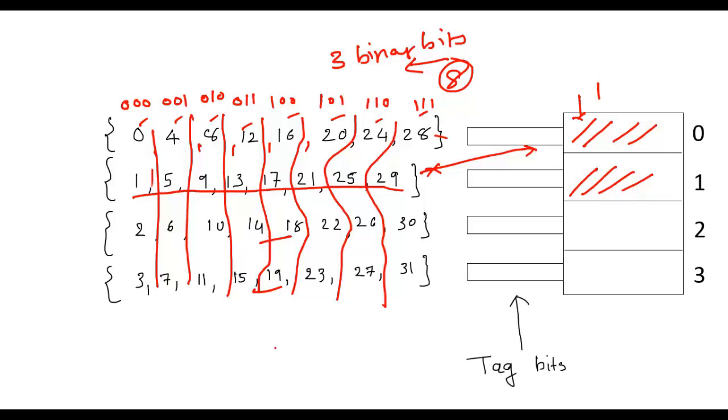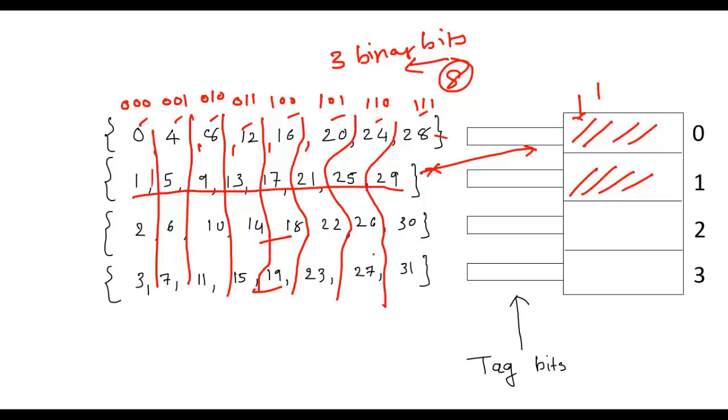If you remember, in a previous slide I wrote one question in the form of a doubt: what happens when two or more main memory block numbers produce the same cache memory block number?